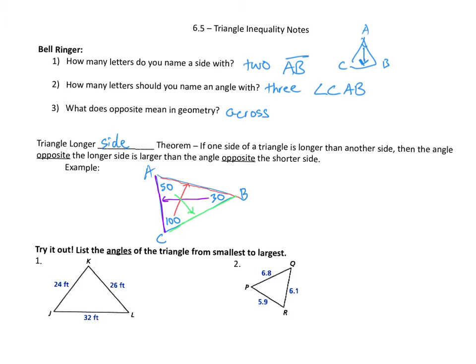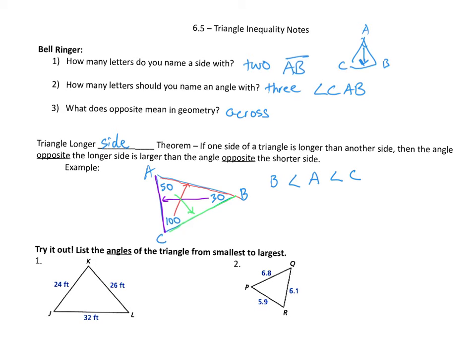So from smallest to largest, angle B is a lot smaller than angle A, but angle C is the largest. So when we talk about the sides, we say the same thing.